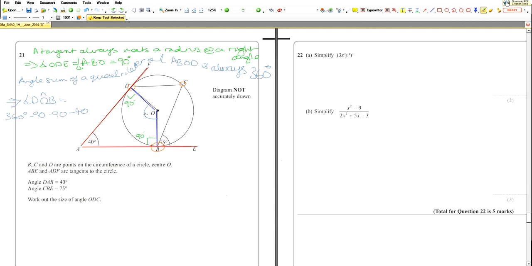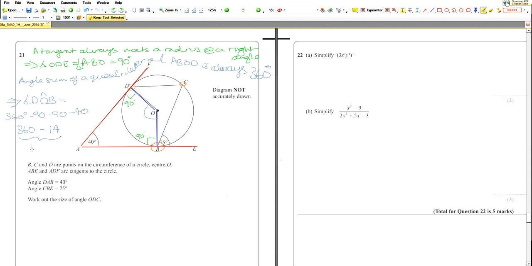So minus these three angles gives us that one. What we're doing really is 360 minus, well, 90 and 90 will give you 180, and 180 plus the 40 will give you 220.